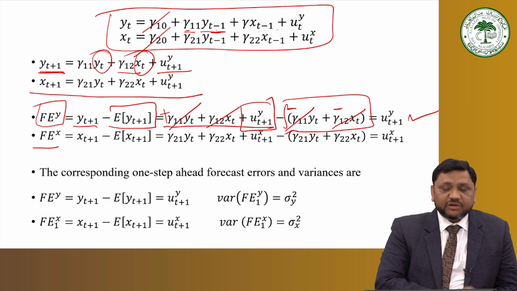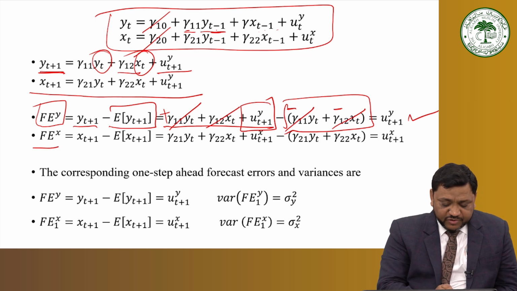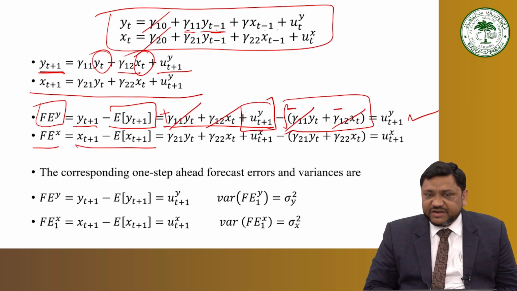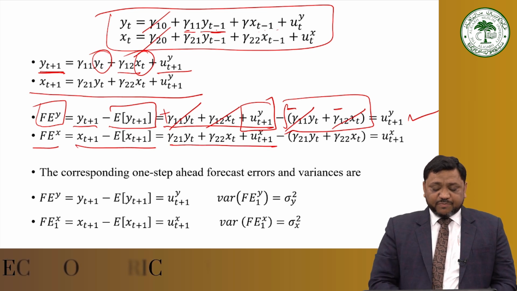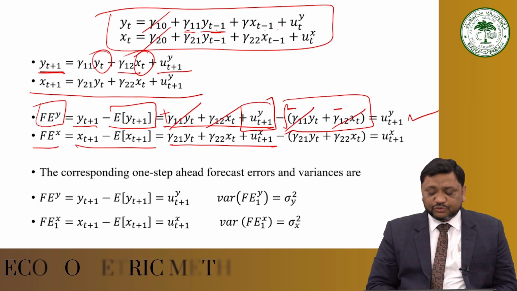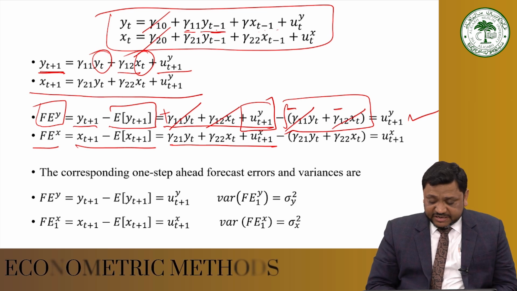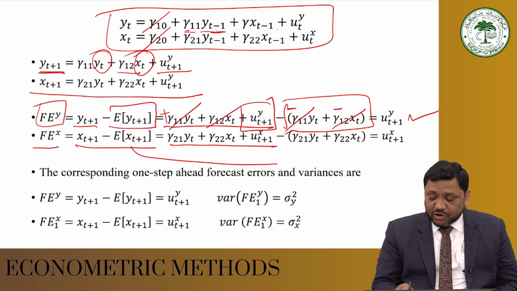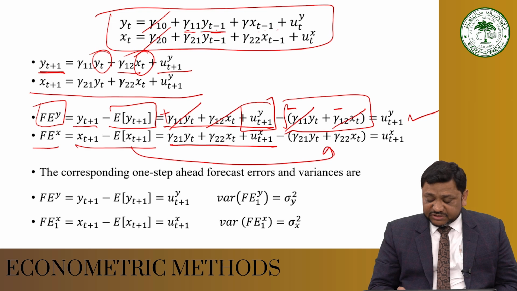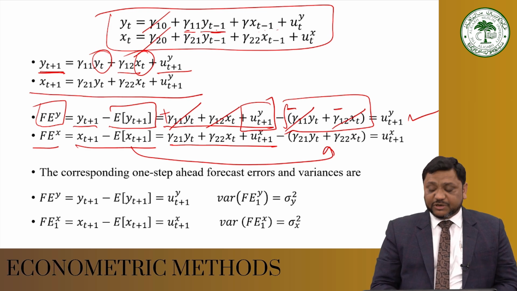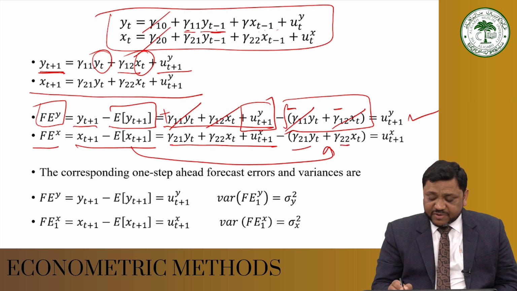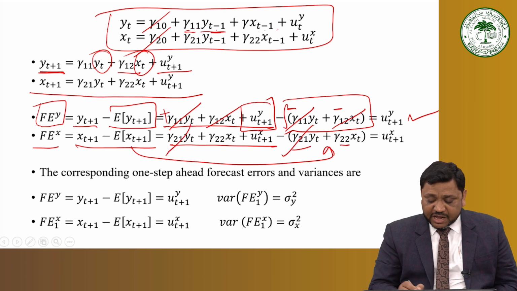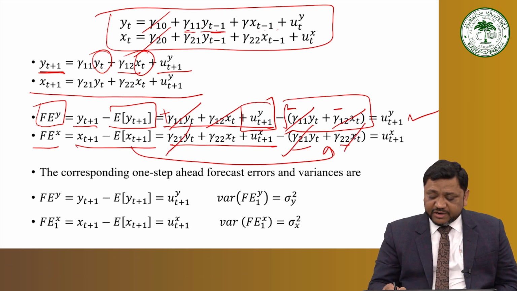Same thing for the forecast error of x. We have xt plus 1 minus expected value of xt plus 1. So xt plus 1 is gamma 2 1 yt plus gamma 2 2 xt plus error of x at t plus 1, and expected value of xt plus 1 is equal to gamma 2 1 yt plus gamma 2 2 xt. Again, this is in minus, so these terms cancel out, and gamma 2 2 and gamma 2 2 also cancel out.